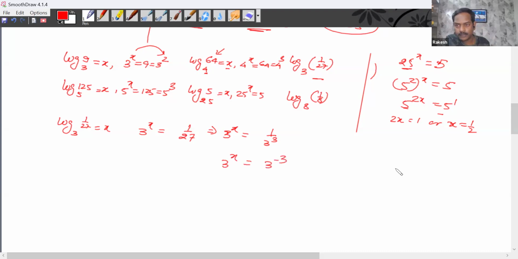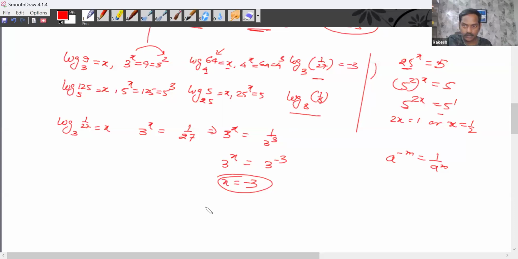I'm using laws of the, what is that? a to the power minus m is what? 1 by a to the power m. So reverse is also true. Here a is 3 and m is also 3. So I can write it as 3 to the power minus 3. Now comparing, we'll be getting the value of x to be minus 3. So this value is equal to minus 3, right?